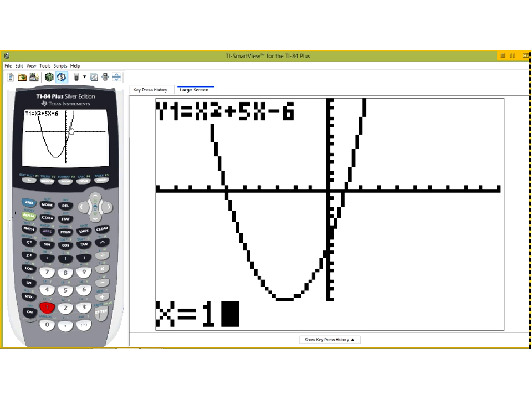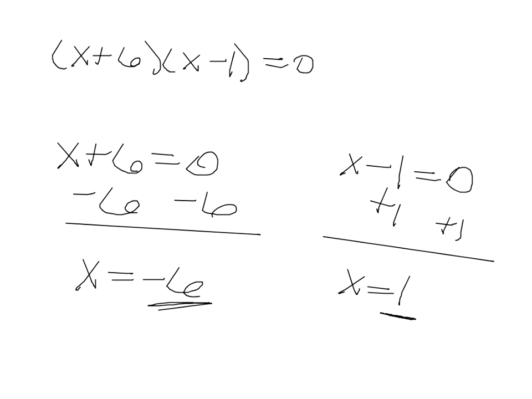The other x-intercept was 1, so type into trace x equals 1, and I get y equals 0. So everything lines up, and so my analysis is correct, as well as the graph. All right, so that is the first example.